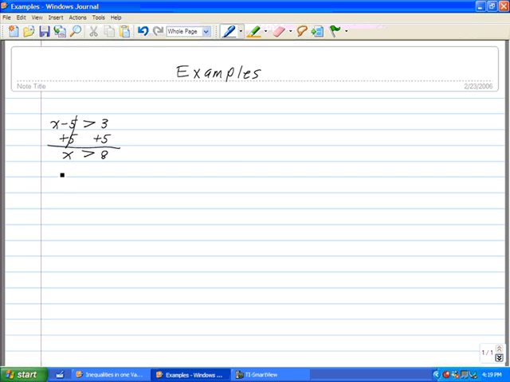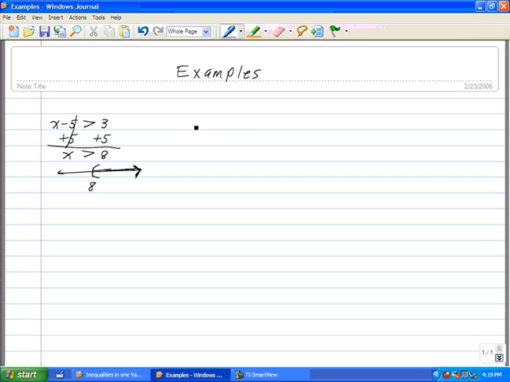We can also draw this answer. We can sketch this answer out on the number line. Of course, it's going to center around 8. We're going to use the open parenthesis to mean there was no equal to in the question. So the 8 itself isn't included. I will shade off to the right hand side, and there I have drawn my answer.